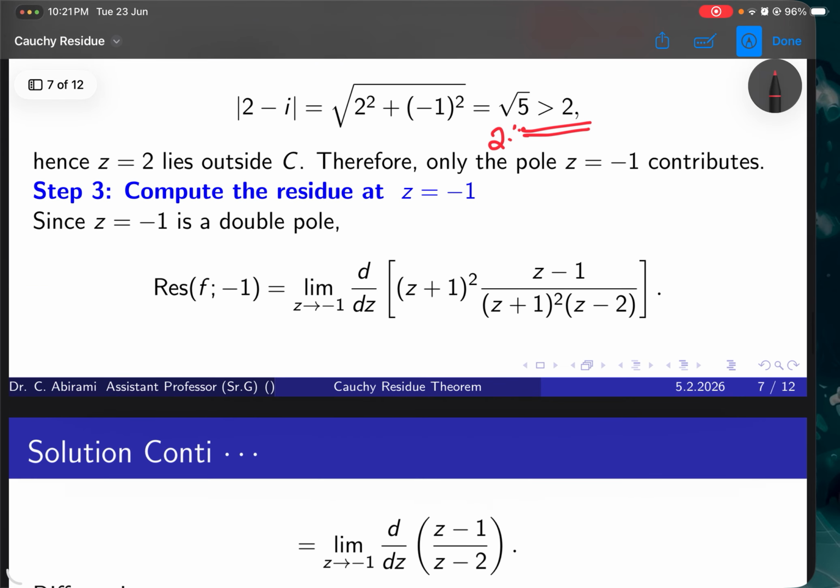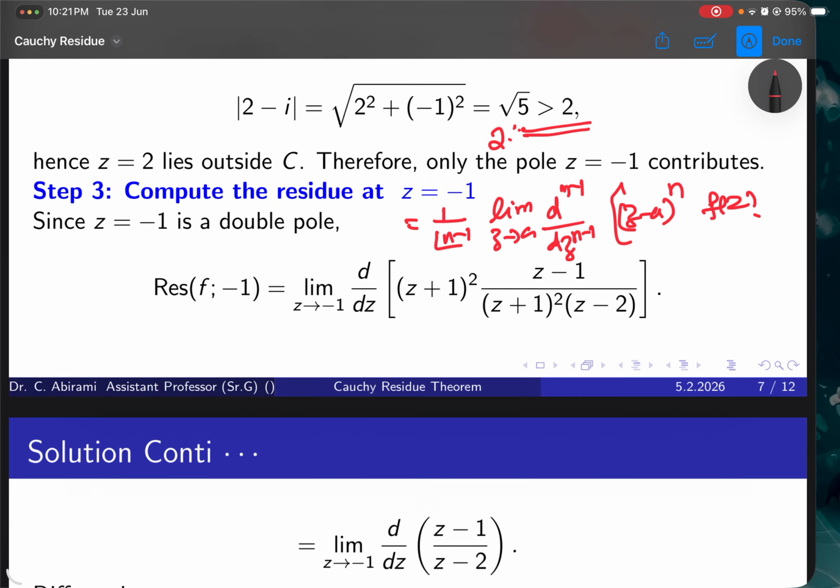Pole of order 2 means we can apply the formula: residue of f(z) is equal to 1 divided by (n minus 1) factorial, limit z tends to a, d to the power n minus 1 by dz to the power n minus 1, of (z minus a) whole to the power n into f(z). This is the formula. Here, order 2 means n is equal to 2.